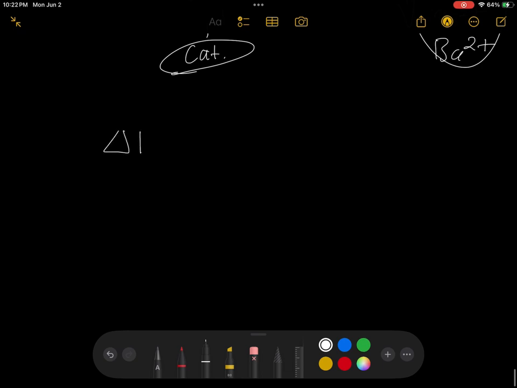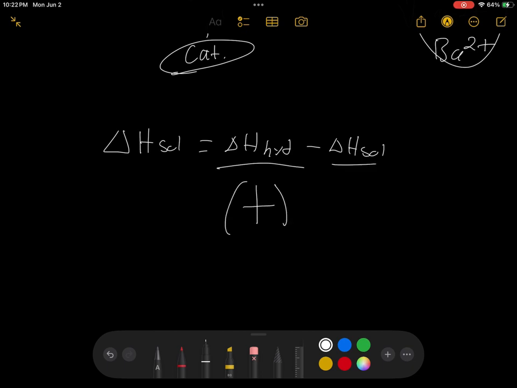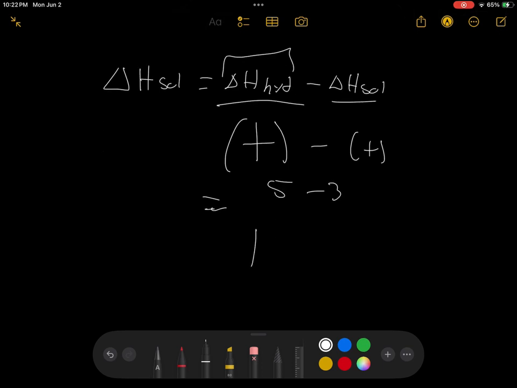So if we look back at our equation, delta H hydration minus delta H solution, since this is going to become more positive than this, because remember, this changes at a faster rate, that means as we go down the group, it's like subtracting 5 minus 3 to then subtracting like 100 minus 10.